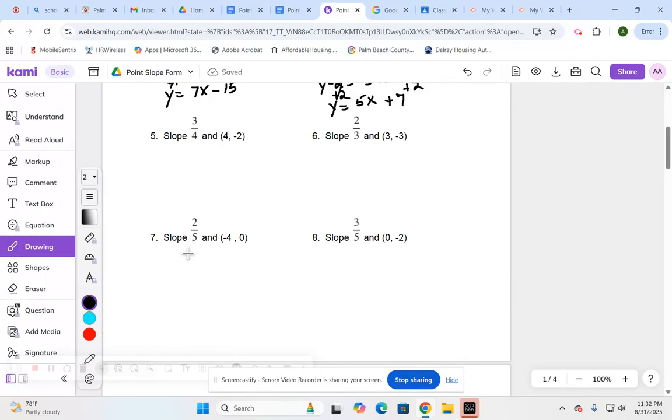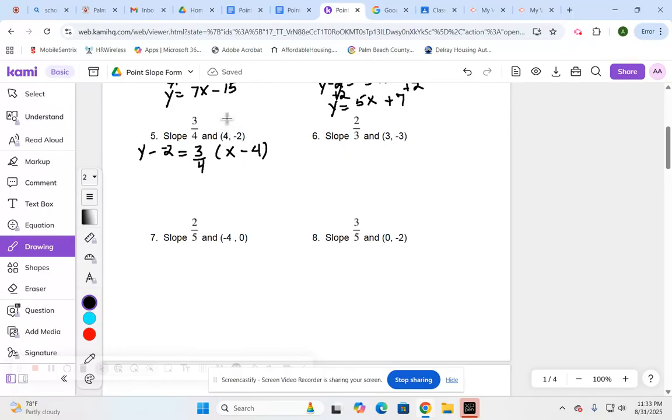All right, so let's look at number 5 and 6. Let's do those together since they include fractions, which may require more steps. So let's use our formula. Y minus y sub 1, which is negative 2, equals the slope 3/4 times the quantity of x minus x sub 1, which is 4.